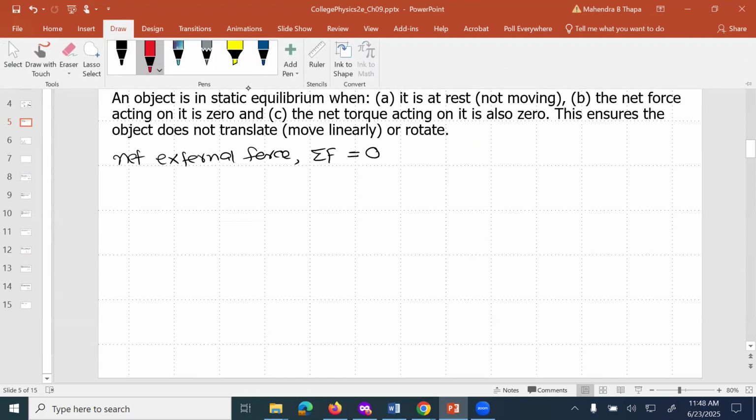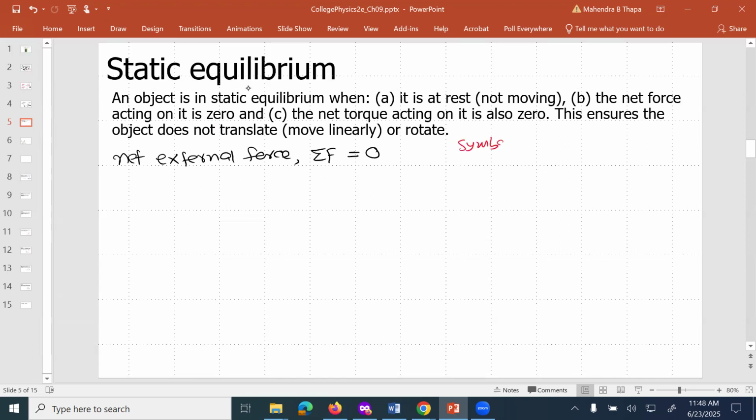Sometimes it's just a matter of symbol. Summation F is the same as F net. It's just a matter of symbol, okay?